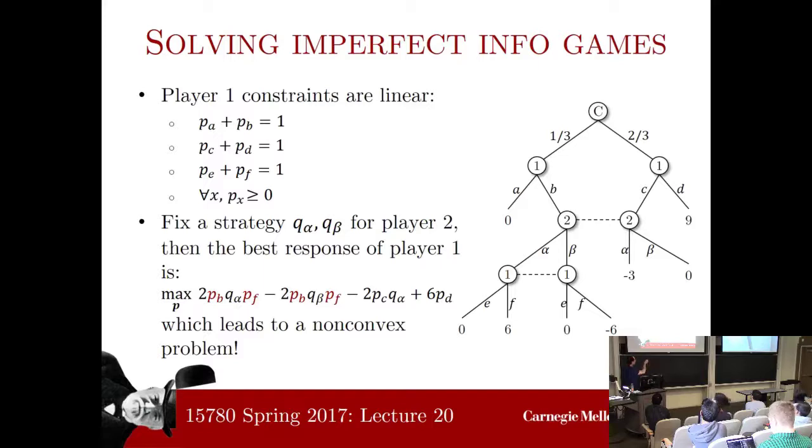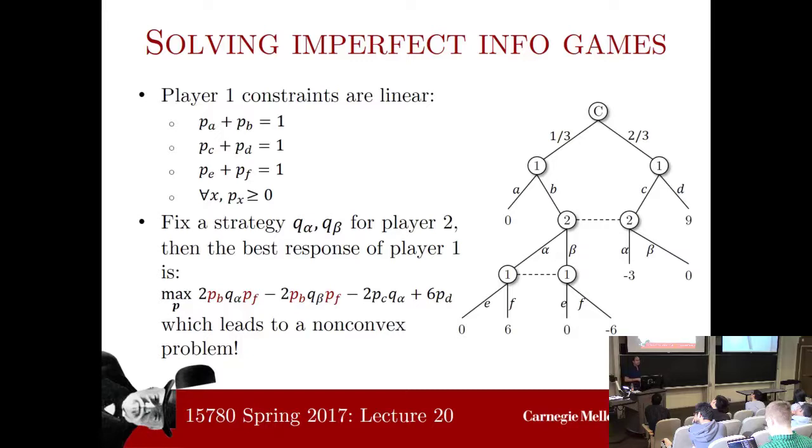Okay, so it's like -2 times the product of these variables and constants. And then there are two more non-zero leaves here. This one, so this is 2/3 times PC times Q alpha, and there's this one as well. So we got these 4 terms. So that's my expected utility, and I'm trying to maximize that over all possible values of P.